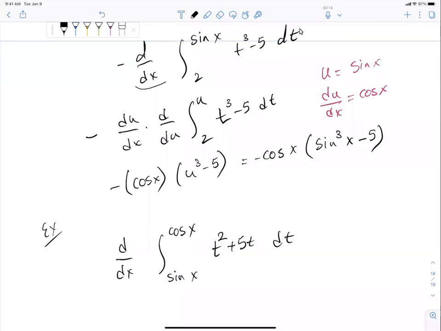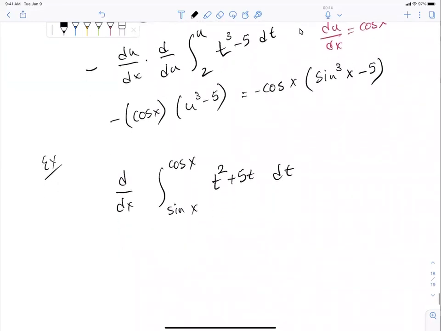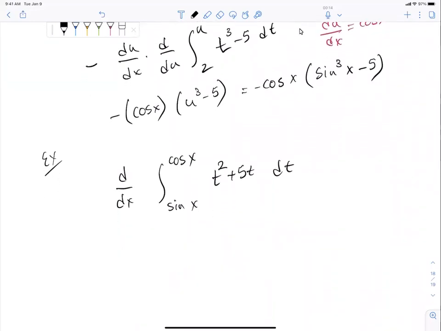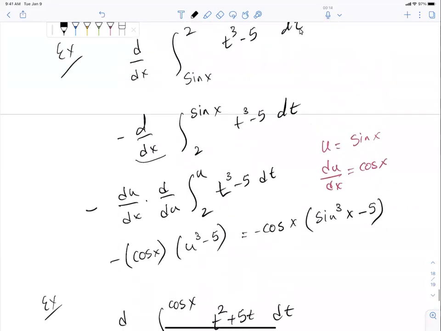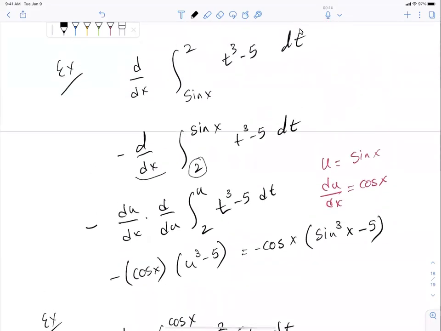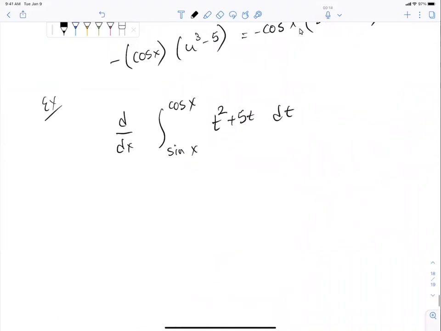Okay, so if I'm calculating this, I'm going to first split my integral into two integrals. Remember, that was one of the properties of integration. And I need to do that because I need a fixed bound. Remember, my fundamental theorem of calculus requires a fixed bound. So I'm going to break it up, and it doesn't matter where you split.